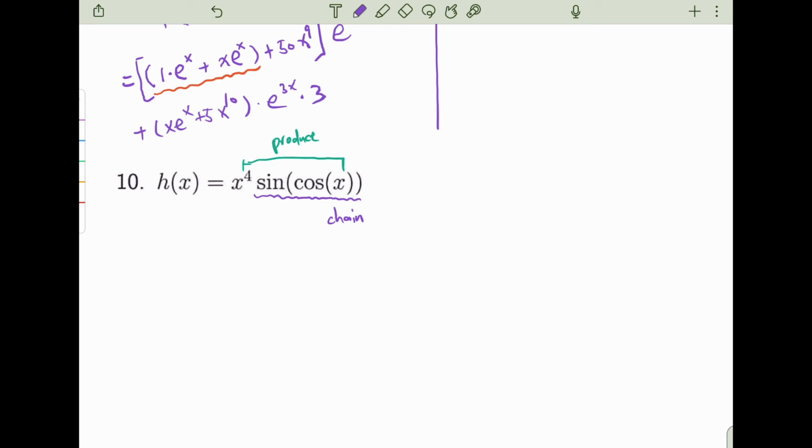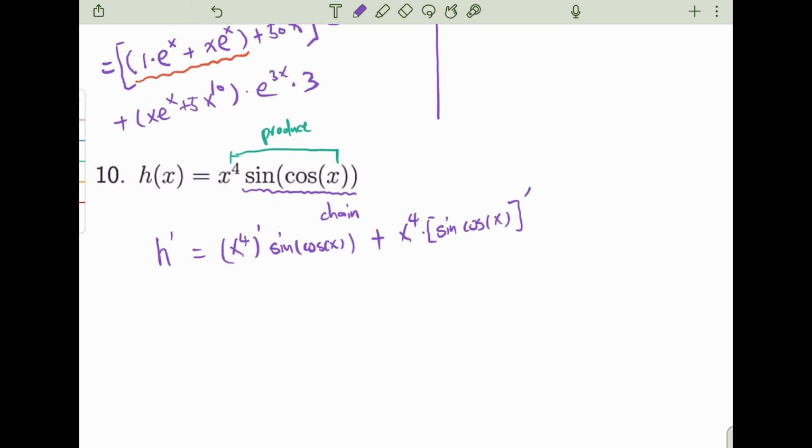So the derivative of h(x) here, h prime, is equal to the derivative of x to the 4 times this gigantic factor, plus x to the 4 times the derivative of this one, which will require the chain rule.